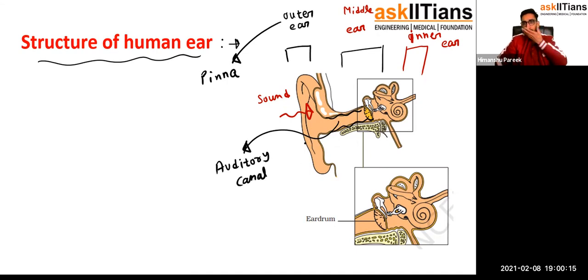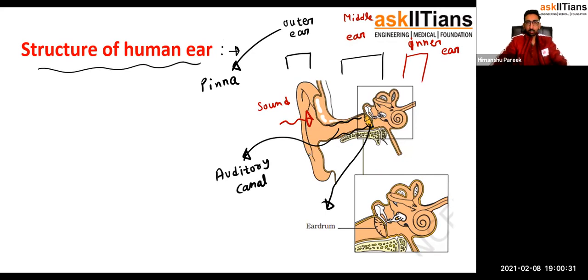So through the pinna it enters, and then from the auditory canal it goes to the very special device which I just told you, that is called the eardrum. So what is the basic structure? Let us just quickly recall it.